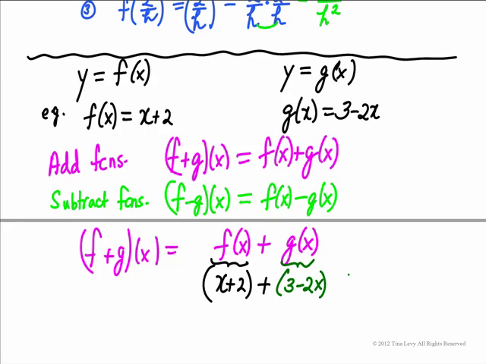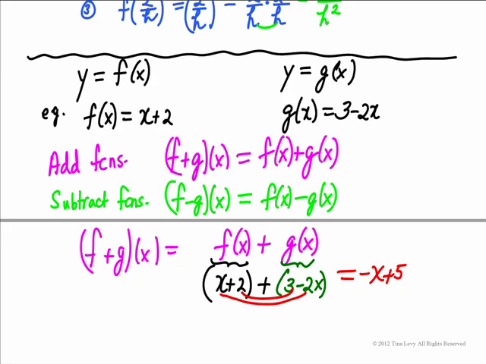And the sum of those two functions will just be adding those expressions. So that will just be x and negative 2x, negative x, 2 and 3, plus 5. So the sum of those two functions is this new function, negative x plus 5. What we're really doing is adding two lines, and we get a third one.